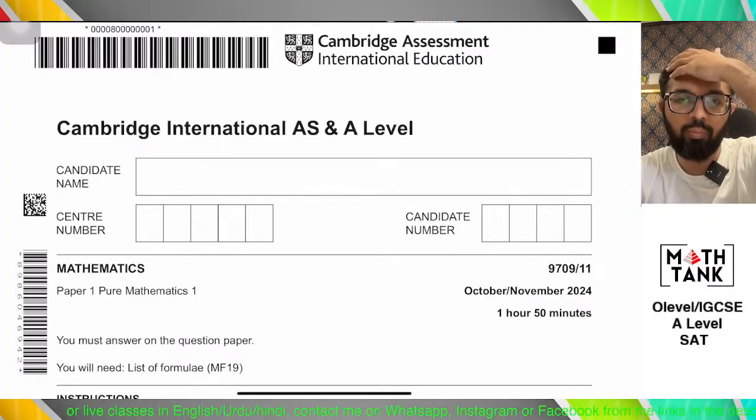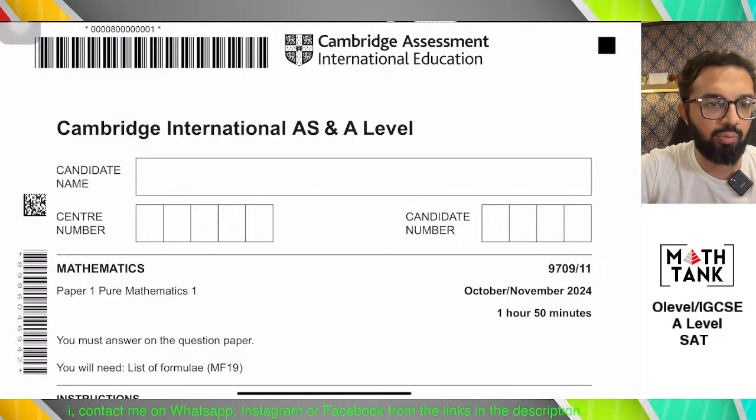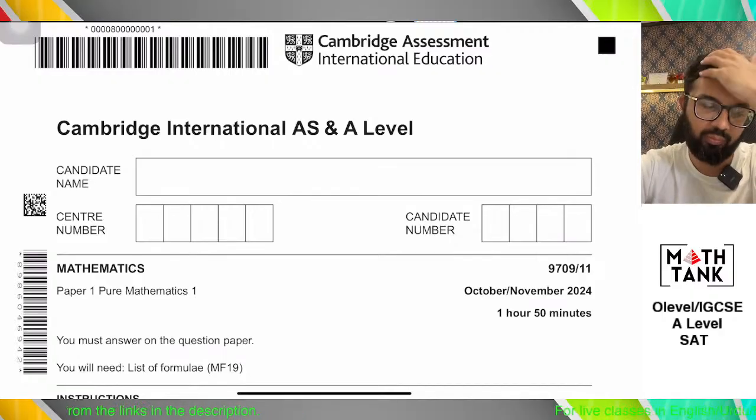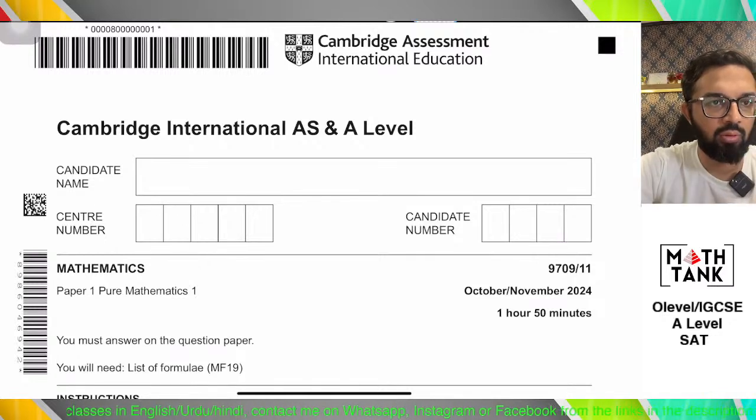This is October, November 2024, variant 1 1. I will fix the title if I can. Just wait. I think I have fixed it.